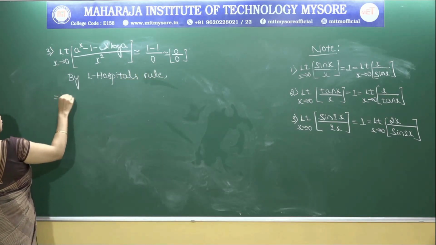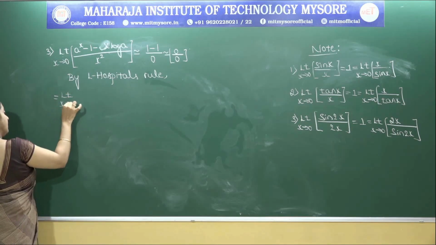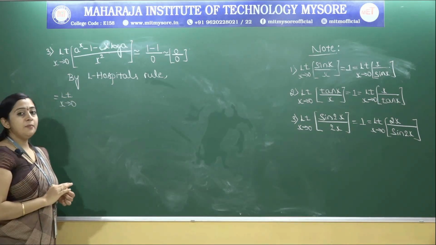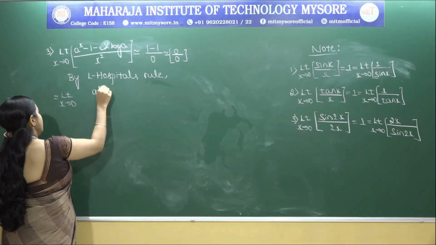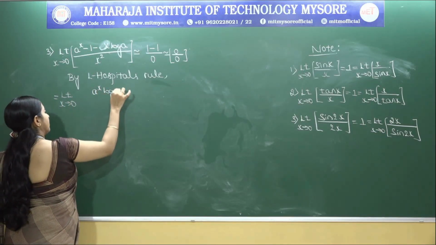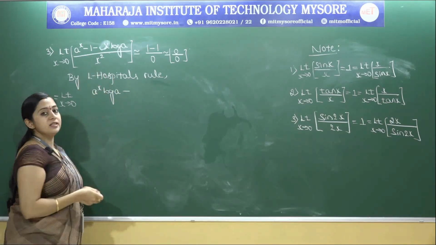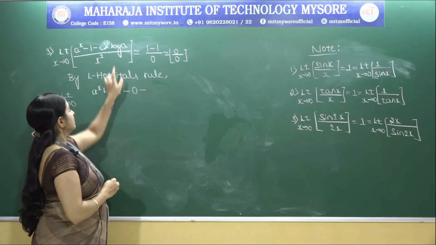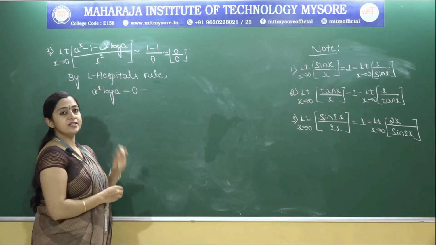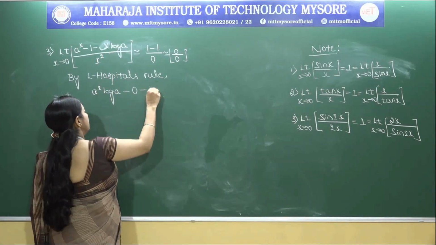Differentiate the numerator and denominator separately. So a power x differentiation is a power x into log a. 1 is constant, the differentiation is 0. Here the log a is constant, the differentiation of x is 1.